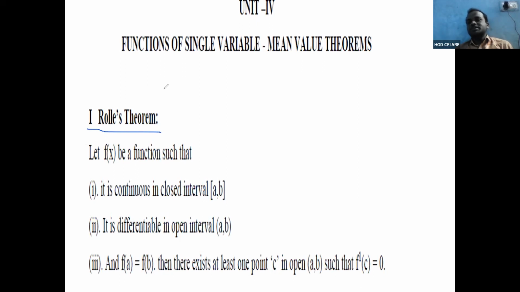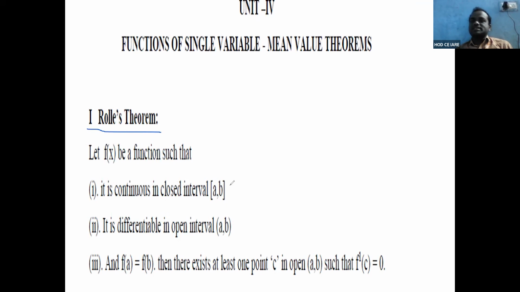Okay, here in Rolle's theorem we have written three conditions. f of x is a function such that it is a continuous function in the closed interval of a comma b. It has to be a continuous function, that is the first condition.